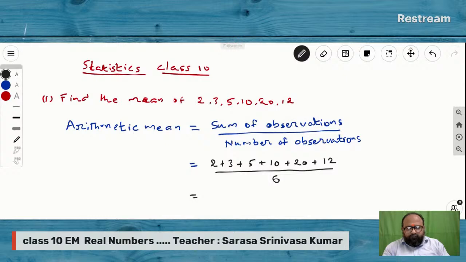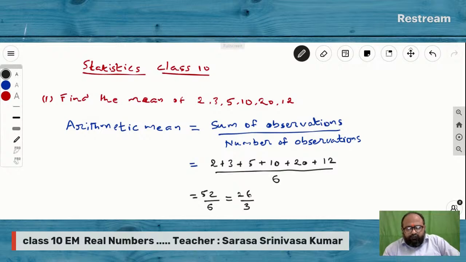This is equal to 2 plus 3, 5, 5 plus 5, 10, 10 plus 10, 20, 20 plus 20, 40, 40 plus 12, 52. 52 by 6. On cancellation with 2, we get 26 by 3.